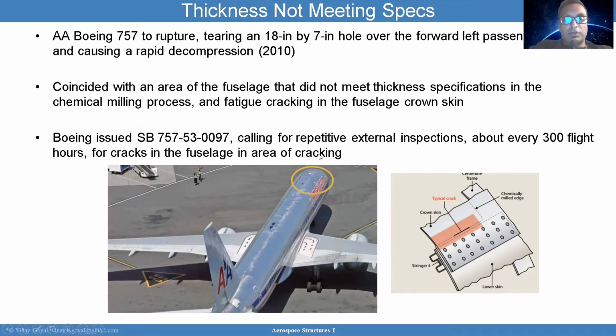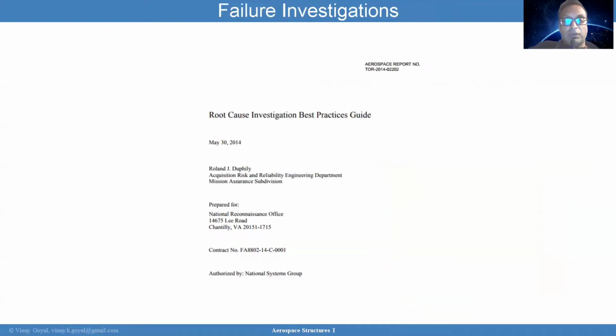In this failure investigation, what was found was that the chemical milling process played a critical role in causing the thickness not meeting specifications. And so I've also talked about potentially having you download this technical report that goes into the root cause investigation best practices.